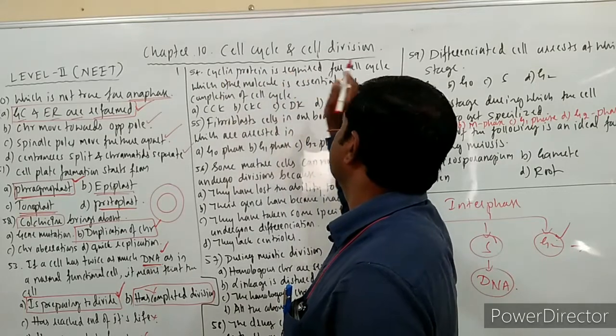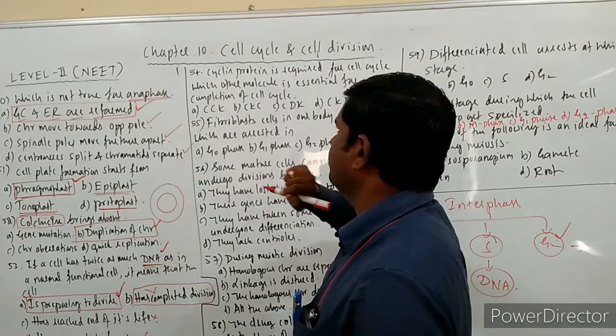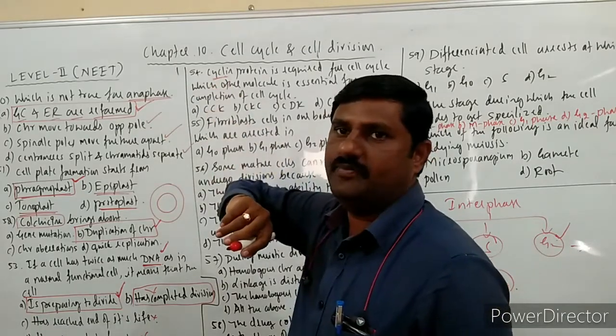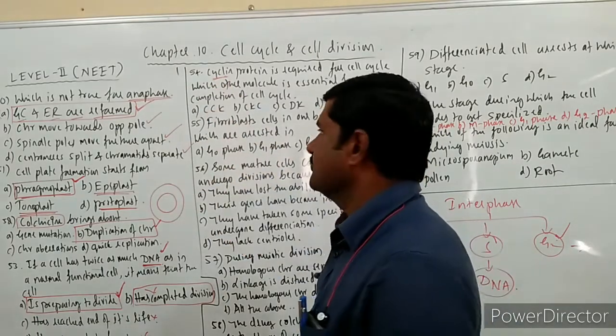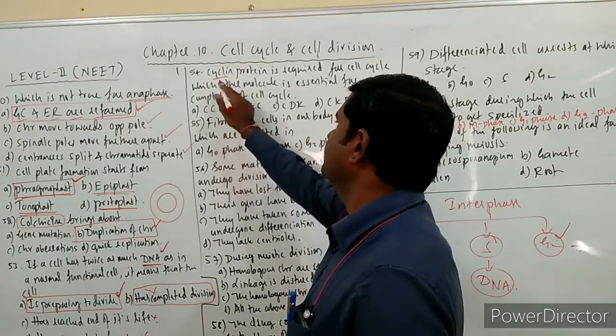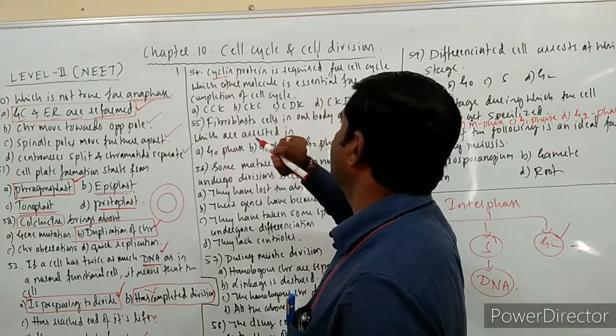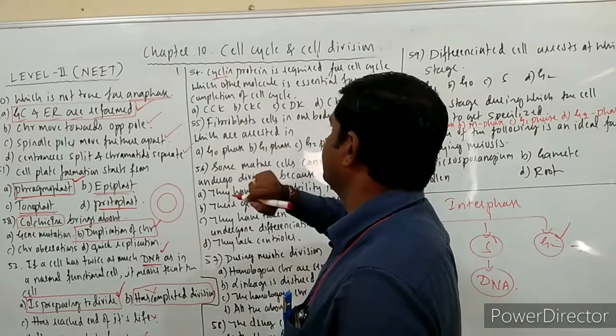Cyclin protein is required for the cell cycle. Of course, cyclin is the specialized protein which helps in the transition in cell division. Which other molecule is essential for completion of the cell cycle?